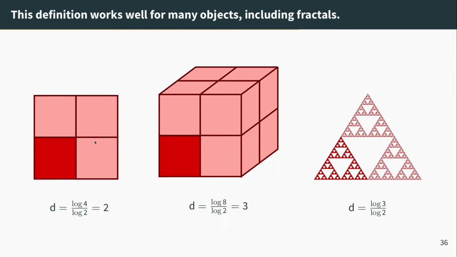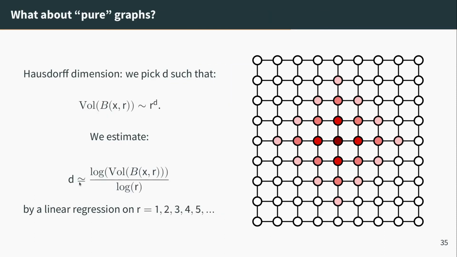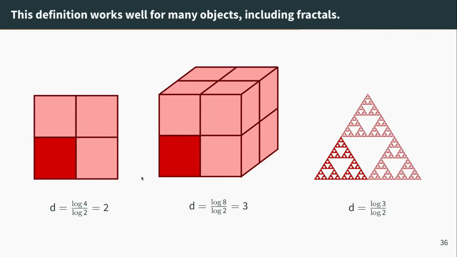So just to be clear, here I have an object. Let's say that this is radius 1. And what happens if I go from radius 1 to radius 2? Here on this clearly 2D object, the volume of my ball goes from 1 to 1, 2, 3, 4. So on average, if you take this formula, where you take the log of the volume of a ball divided by the log of the radius, here you have a logarithm of 4 divided by a logarithm of 2.